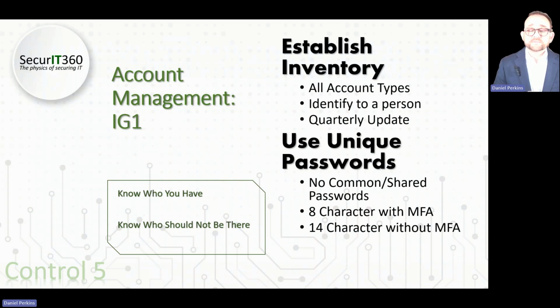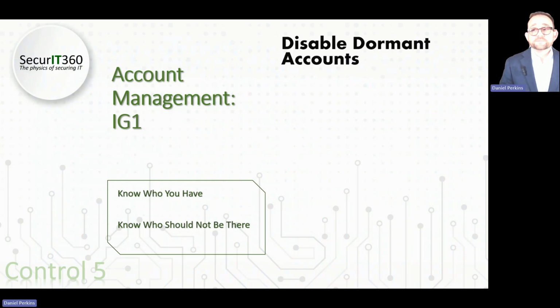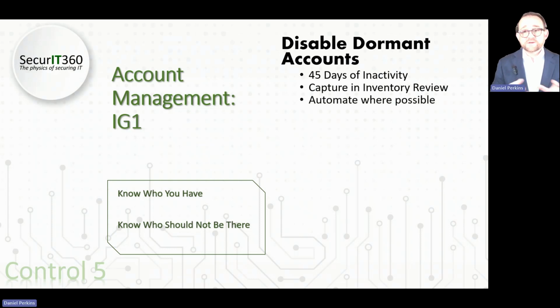Anyways, point being, longer passwords are better, but CIS Top 18 does give us some specifics here. Let's continue down group 1. So part of that knowing who should not be there is we want to disable dormant accounts, right? We've got 45 days of inactivity as prescribed here. We should be capturing these disabled or dormant accounts, rather, as part of our inventory review, right?